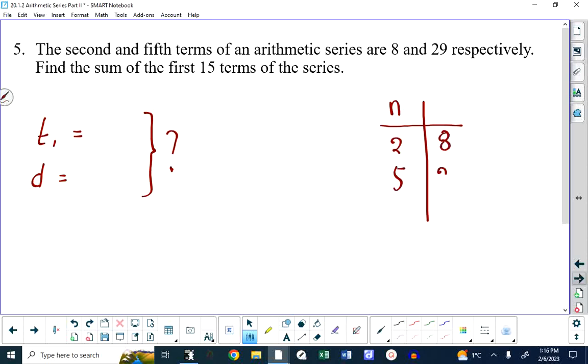Let me ask you a question first of all. You're going to have to read the question carefully and think about this. What is this column? Is that Tn or is it Sn? Aoki? It is Tn. Because it says the second term is 8.